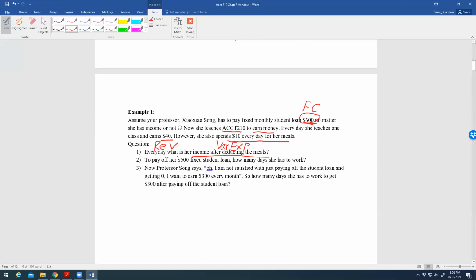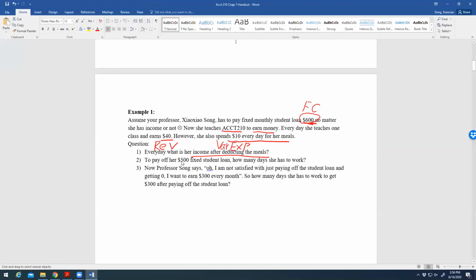This should be $600. I'll change it now. So if I want to pay off my $600 fixed student loan, how many days should I work? Then the last question is, I'm not happy with just getting 0 left, right?